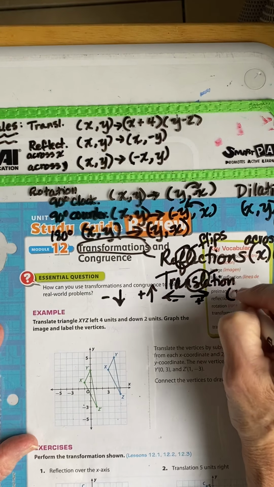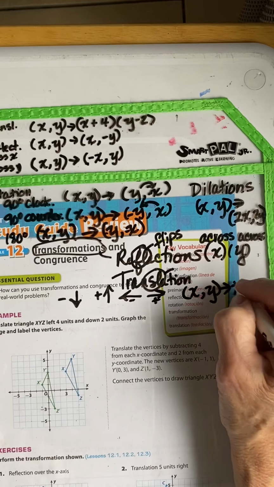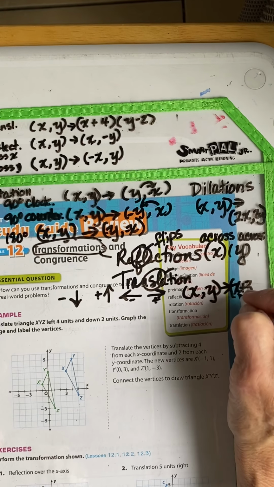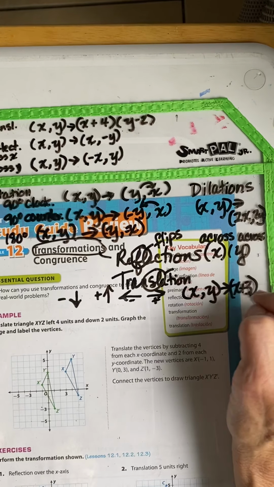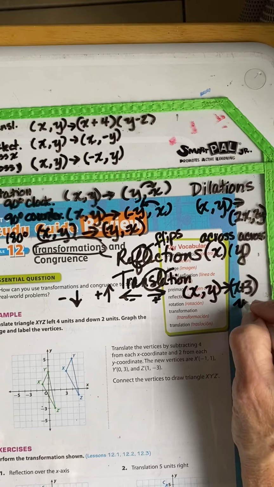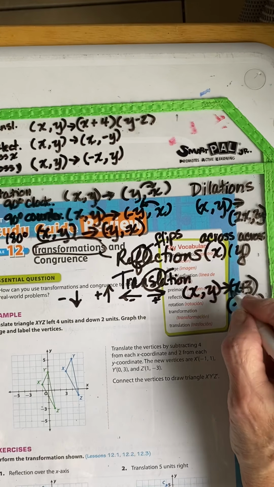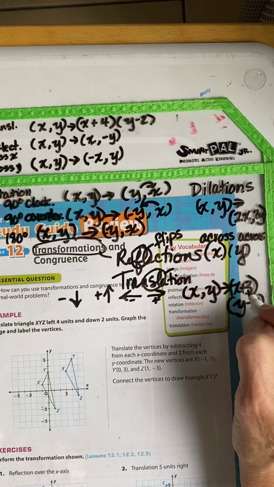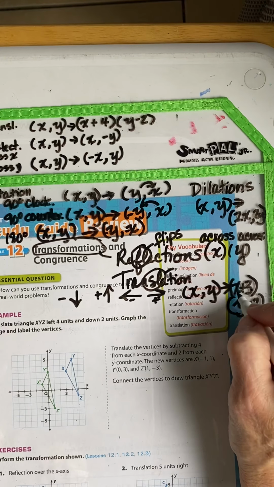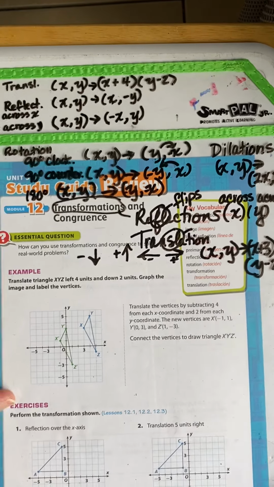So our rule would look like (X, Y) becomes (X plus 3, Y minus 2), meaning X went over to the right 3, and Y went minus 2. It slid to the right 3 and down 2. Right 3 for X, down 2 for Y. Okay? So there's the translation.